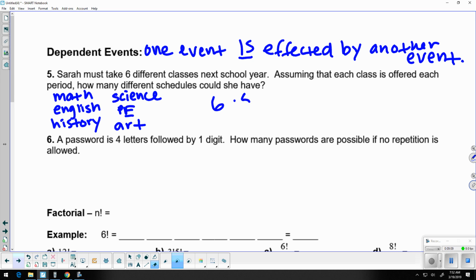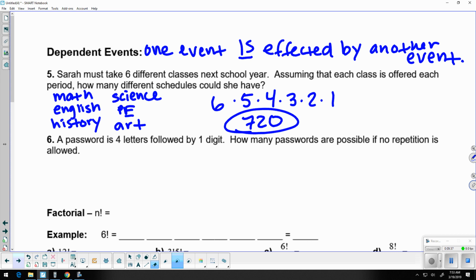So now I'm down to 5 choices, and then I'm down to 4 choices, and then 3 choices, and then 2, all the way down to where we only have 1 left. Okay, so again, if I choose math first hour, I can't choose it second hour, so that I'm down 1. So maybe I put science second hour, so now I'm down to 4 choices, again, so on and so forth. Okay, so if you multiply this all together, there'll be 720 different schedules that she can create.